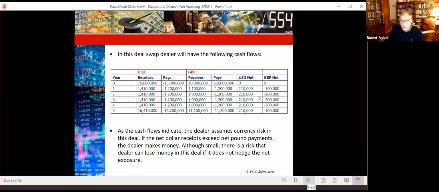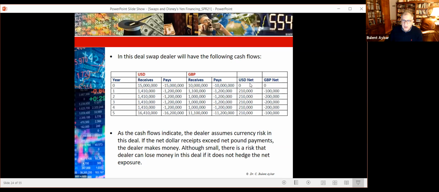So this demonstrates a fixed to fixed currency swap by using two different currency segments.